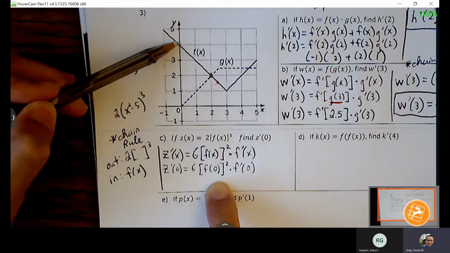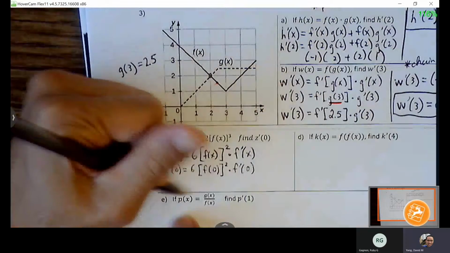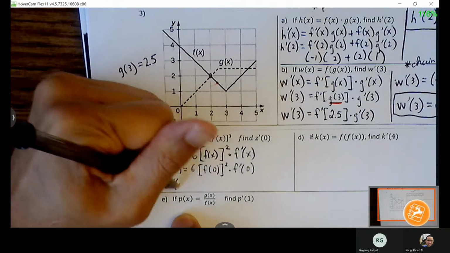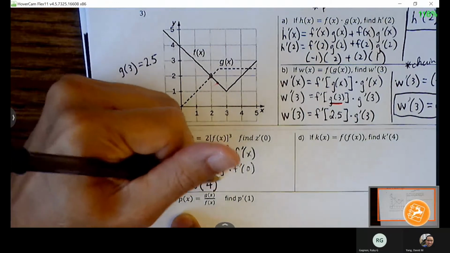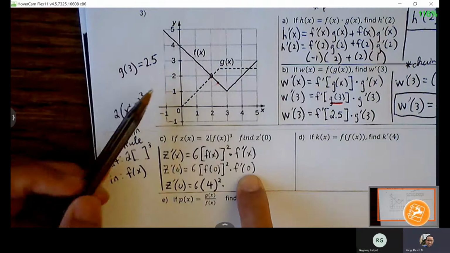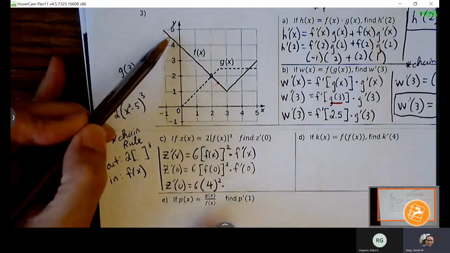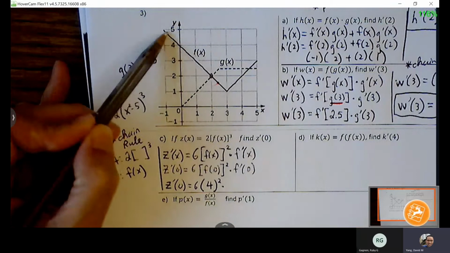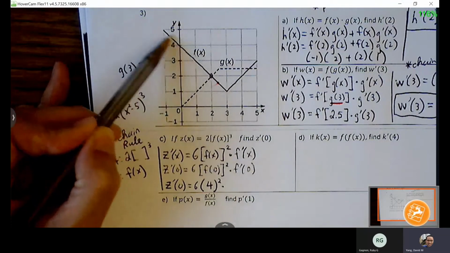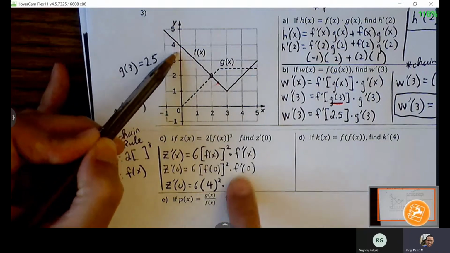That's a y value of 4. f prime of 0 is asking for the slope of the f graph at 0. This is all part of the same part of the f graph, right? So what's the slope? Yeah, -1.